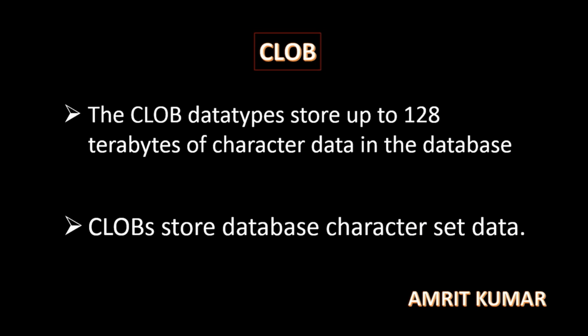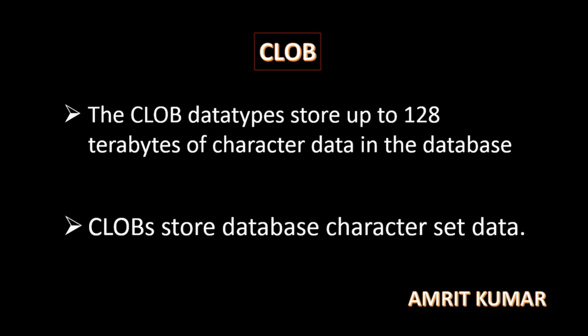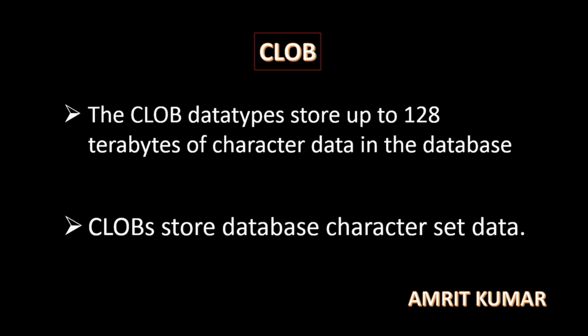Now, moving on to the next data type, CLOB. The CLOB data type stores up to 128 terabytes of character data in the database. If I differentiate BLOB and CLOB, BLOB stores unstructured binary data, with a maximum range of up to 128 terabytes, while CLOB stores up to 128 terabytes of character data. CLOB stores database character set data.